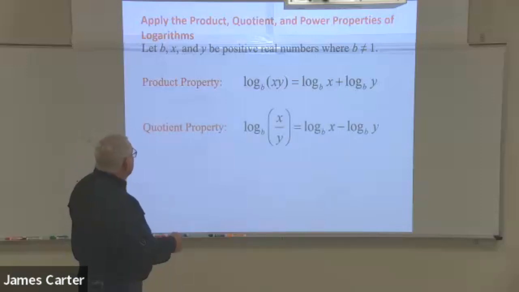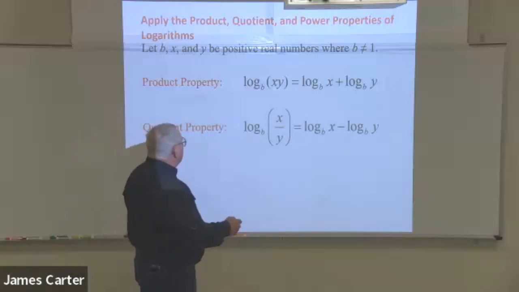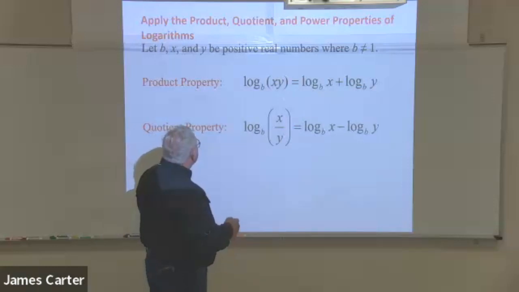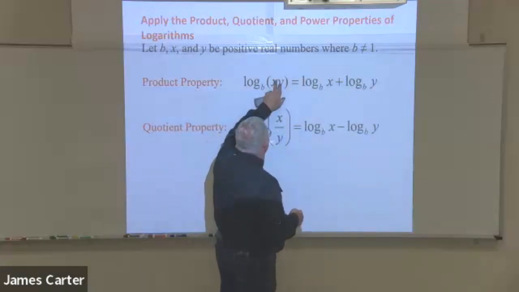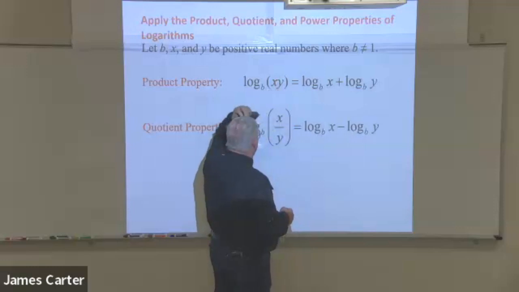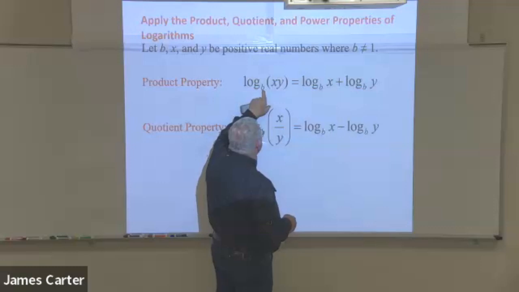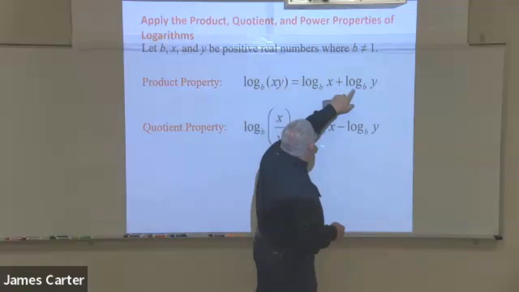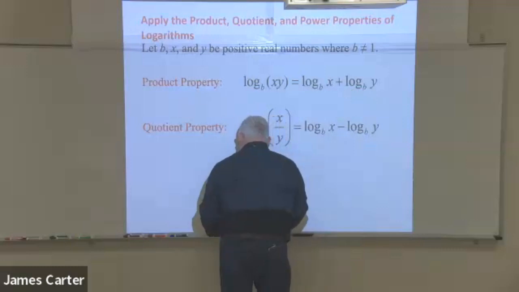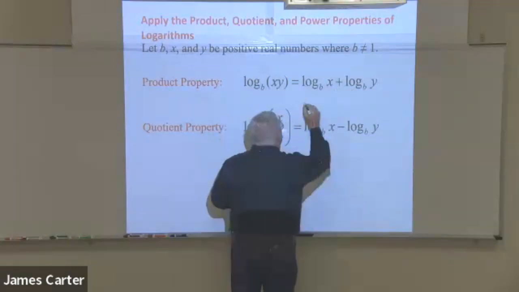Okay, the first one is the multiplication rule. If you recall, here is our argument, and what we're doing here is we've got this to the x power, and then we've got plus y power. This is a direct relationship.